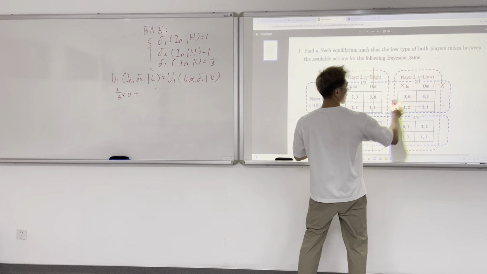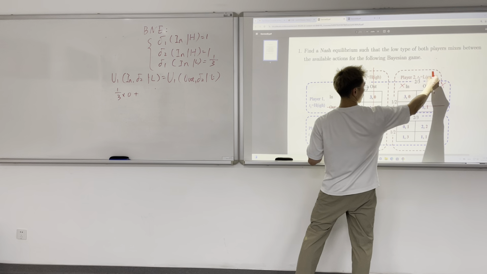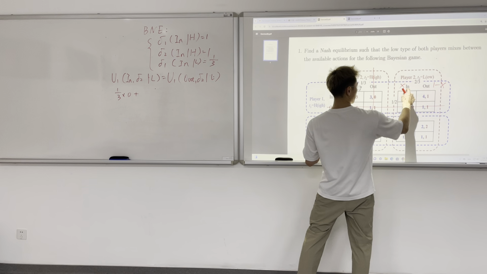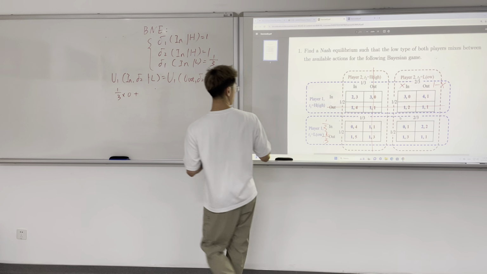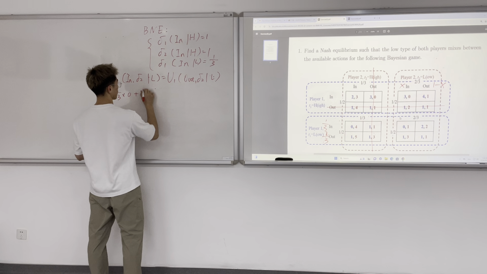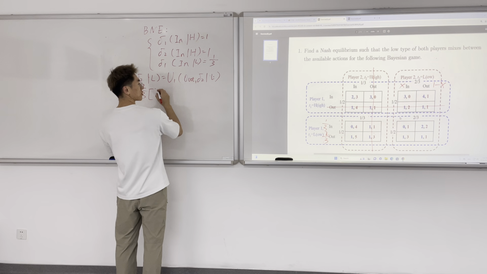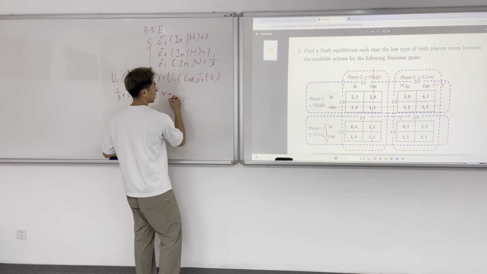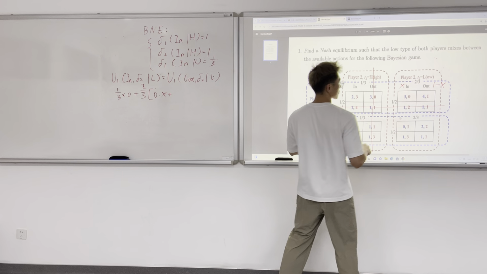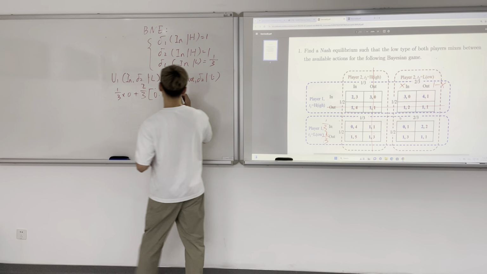still playing in, 2/3 possibility of low type and possibility of x. This low type player 2 playing in gives him 0. So this is 2/3 possibility, and this is 0 times x, right? Plus 2 times 1 minus x.